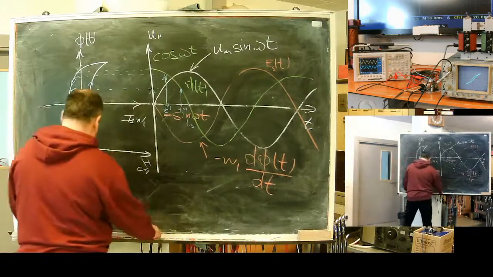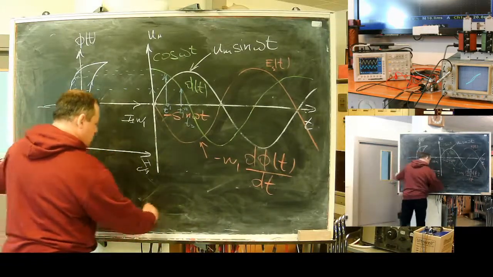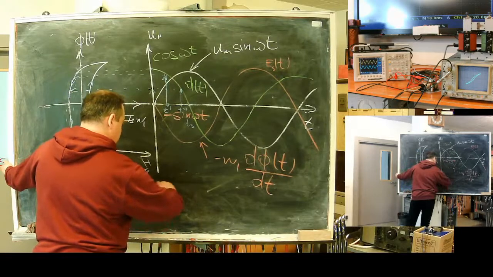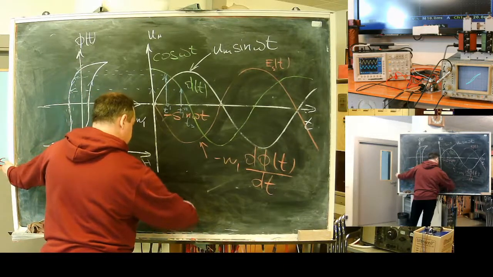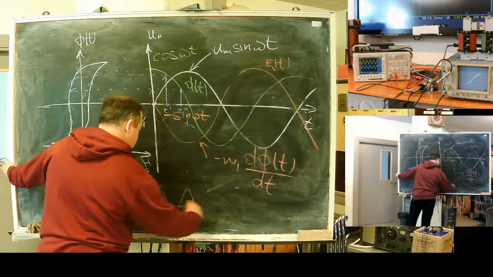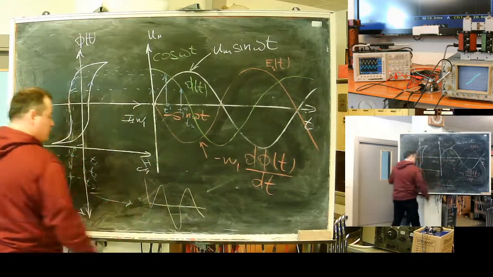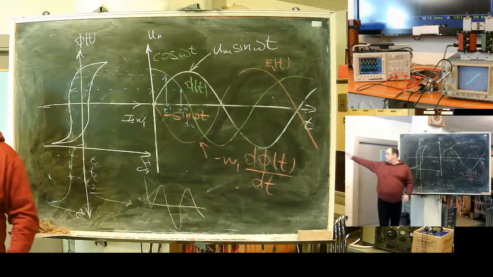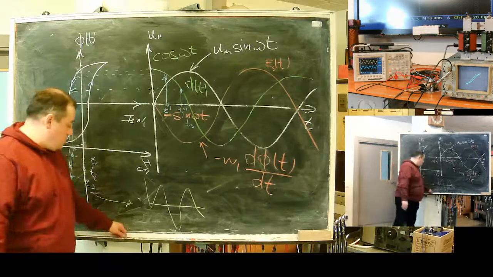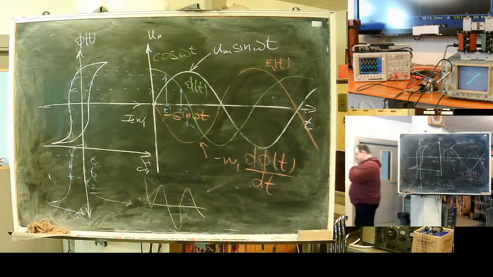As a result, this chart will create something we see. What's the idea behind? We have sine voltage, mains voltage. We have sine output.